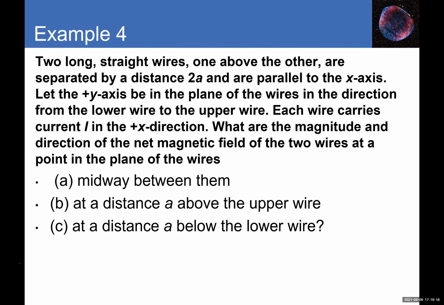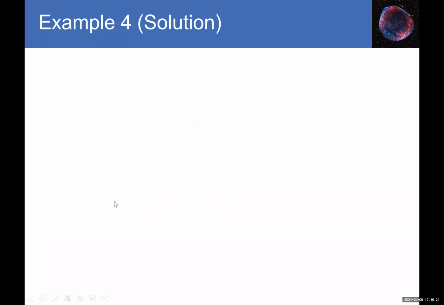Okay, let me do that diagram here. Imagine here's one wire and here's the second wire. Both have a direction of current: this is I1, this is I2. They are separated by a distance of 2a.